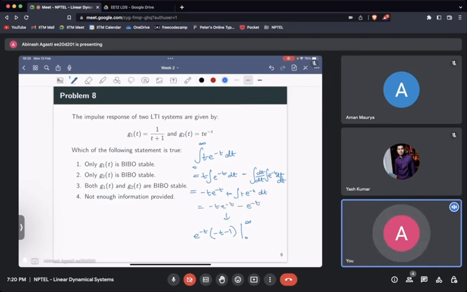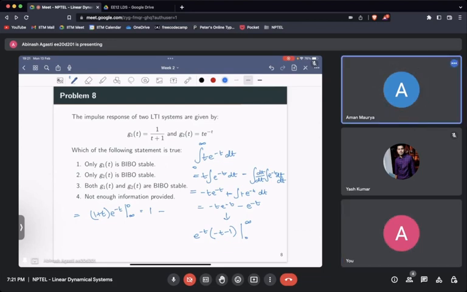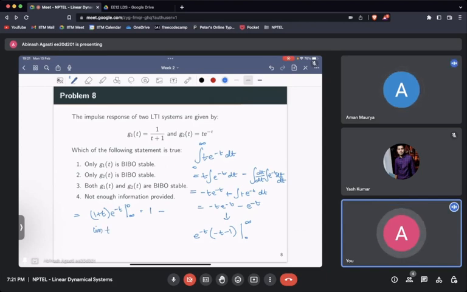So which gives us this, from 0 to infinity. Essentially this is 1 plus t e to the power minus t, evaluated from infinity to 0. At 0, what do we have? 1. At infinity, be careful: you have to show that the limit as t goes to infinity of 1 plus t e to the power minus t is equal to 0.